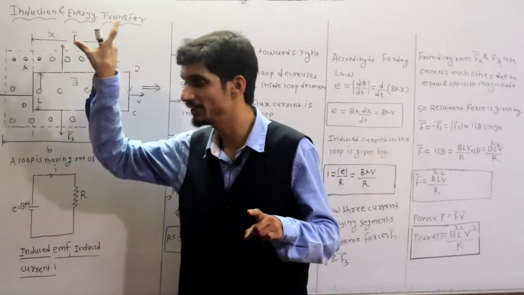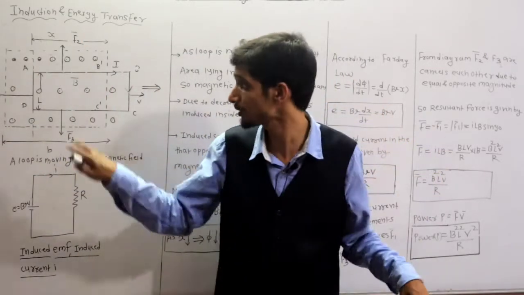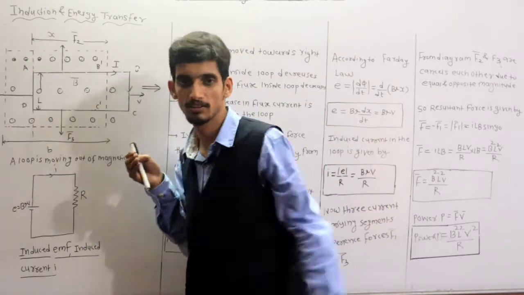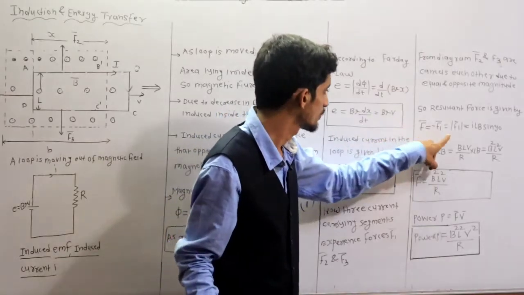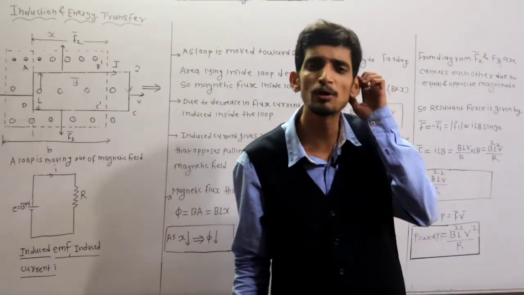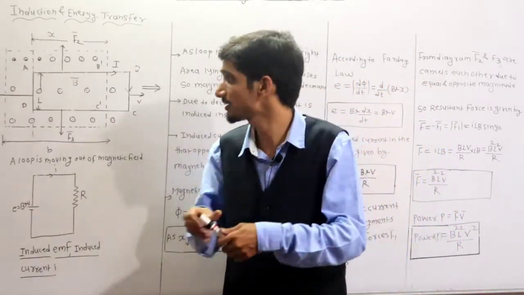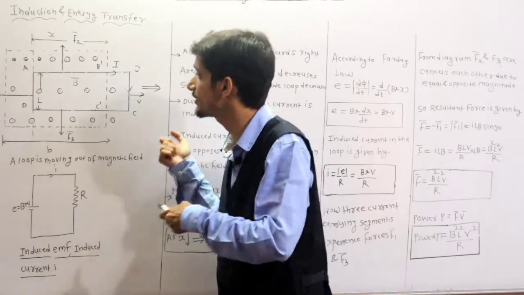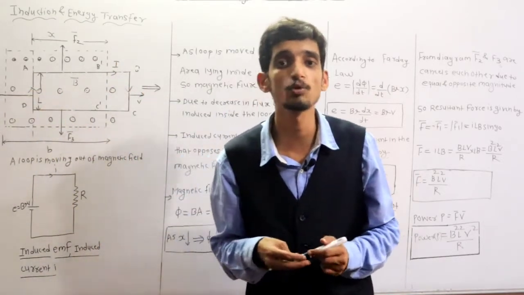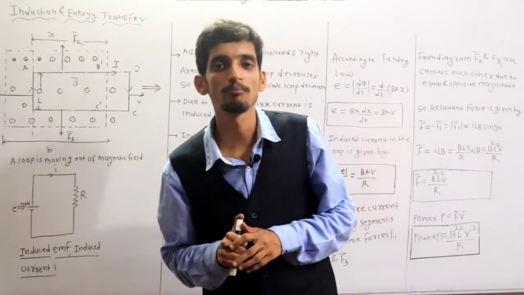So the resultant force acts only on segment AD. That force F bar is F1 minus F1 bar, because this force is like this, whatever I am applying, and this is leftward. That's why there is a minus sign here. The modulus of F1 is ILB sin 90. Why 90? In Fleming's left hand rule, when a current carrying conductor is placed in uniform magnetic field B, it experiences a force of ILB sin theta, where theta is the angle between length and magnetic field.